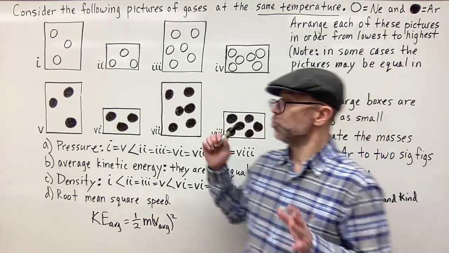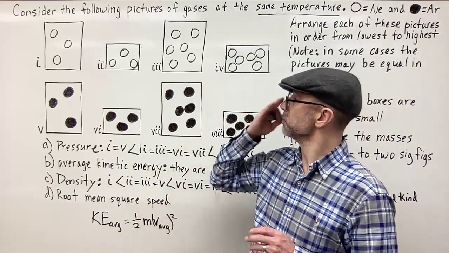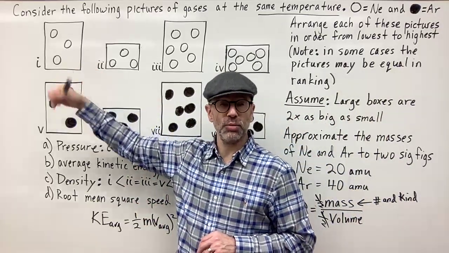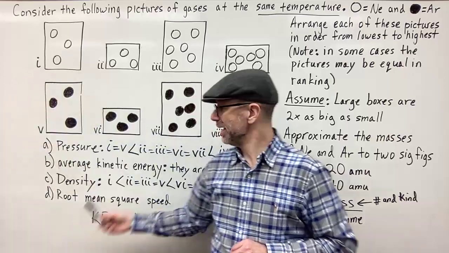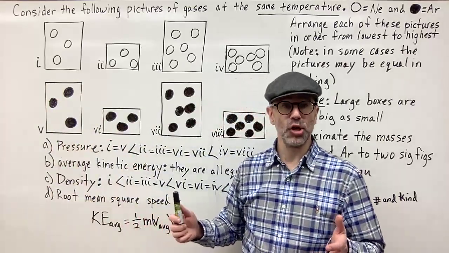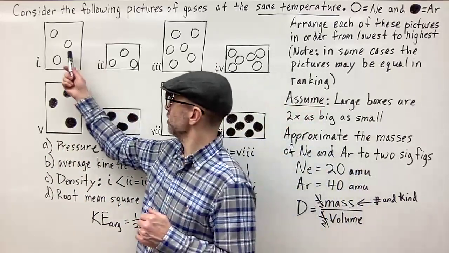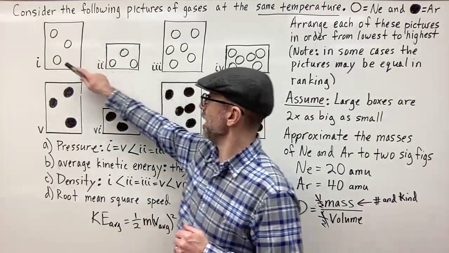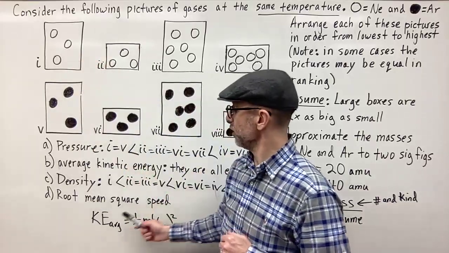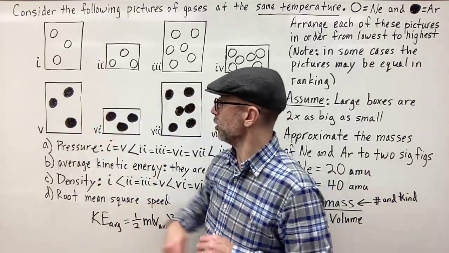So what I just said was lighter particles are going to be moving faster than heavier particles on average. Lighter particles are going to have a faster average velocity, root mean square velocity, than the heavier particles.